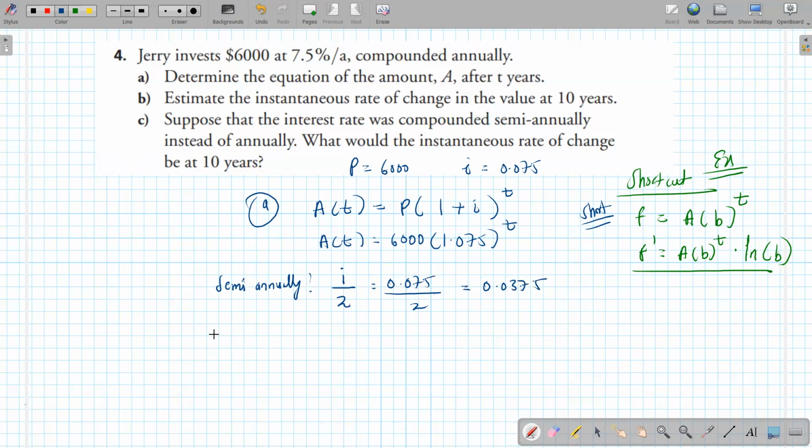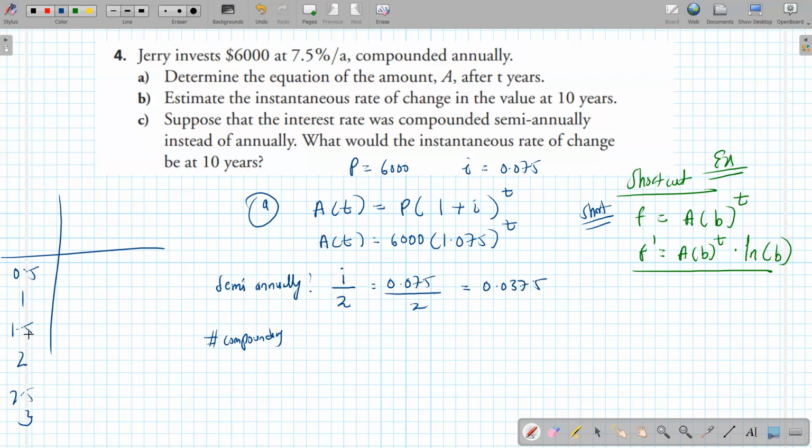But then now the number of compounding periods, last time we were going till 10 years. So from our table here, we would have had year 1, 2, 3, 4, 5, 6, 7, 8, 9, 10. But because we're doing it every 6 months, our compounding periods would be 0.5, 1, 1.5, 2, 2.5, 3, like that, every 6 months.